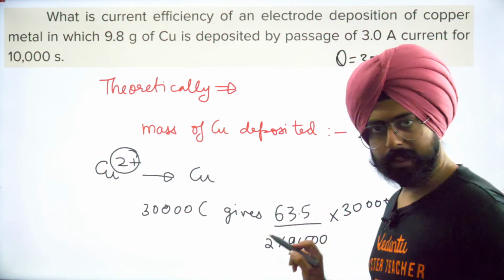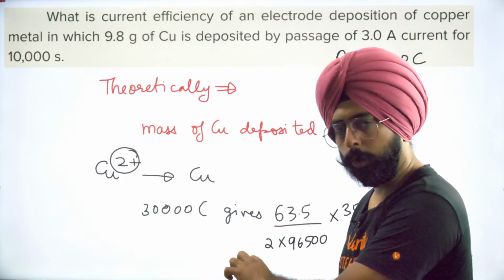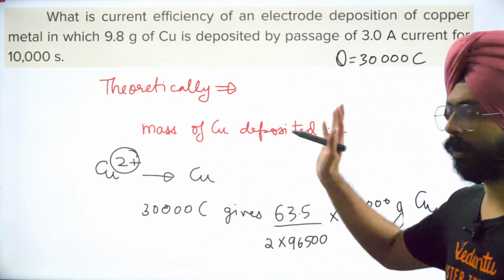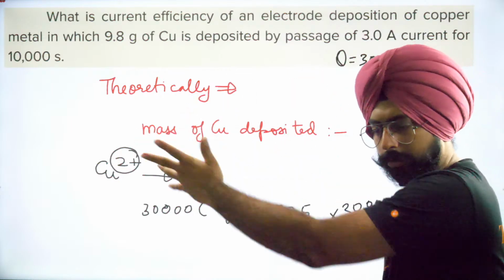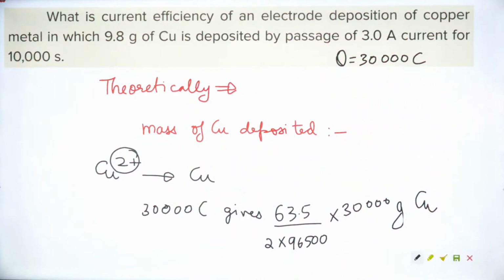Yeah, calculate this value. This is the theoretical value of copper deposited by this much charge. First calculate, then I'll show you the next step. कितना आ रहा है यहाँ पे?